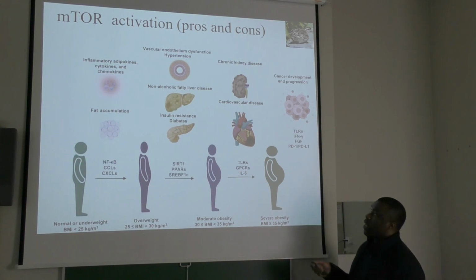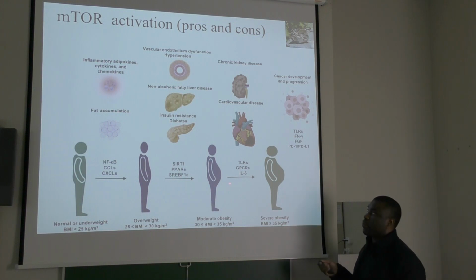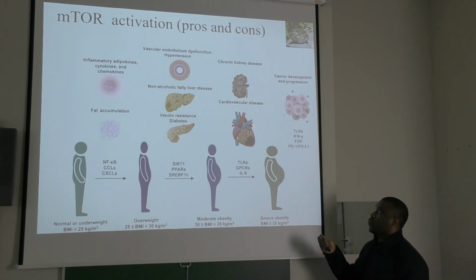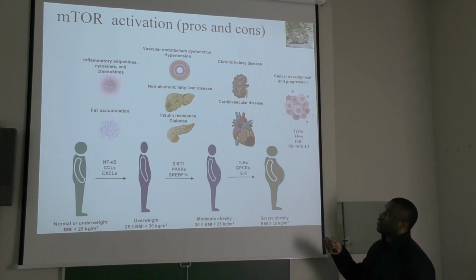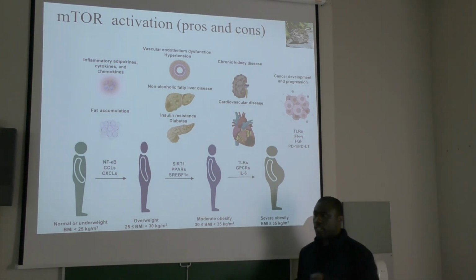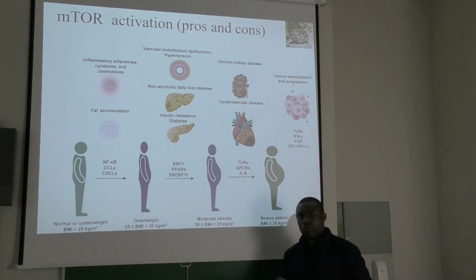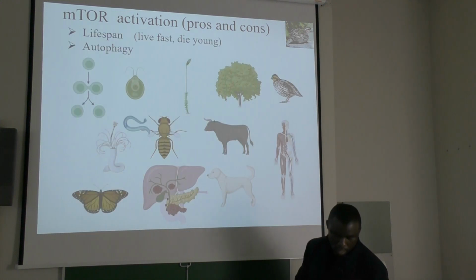Why is mTOR connected to these diseases? Because it reduces the immune response. So you can get cardiovascular diseases and finally cancer, because of multiple cellular divisions connected to nutrient availability, because the mTOR pathway is activated by the presence of nutrients.